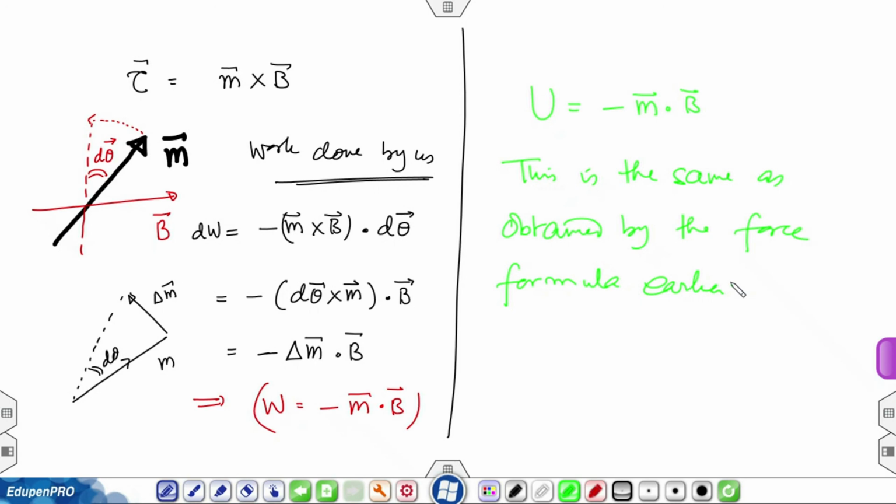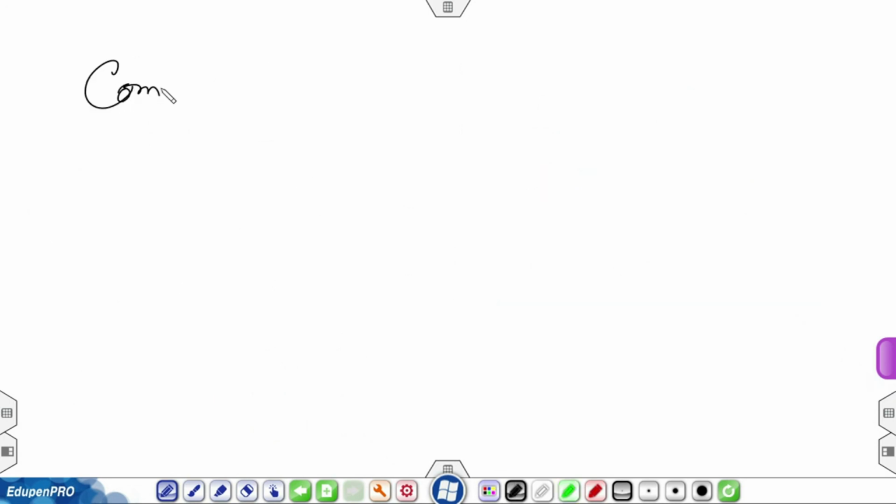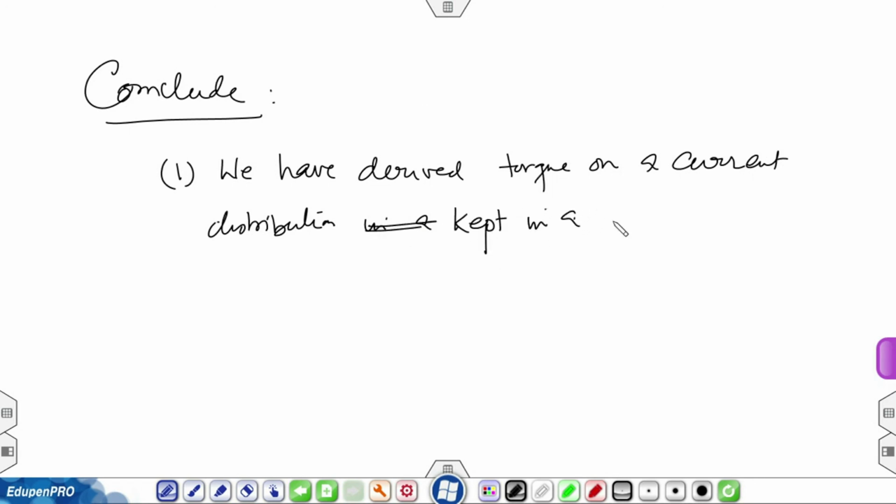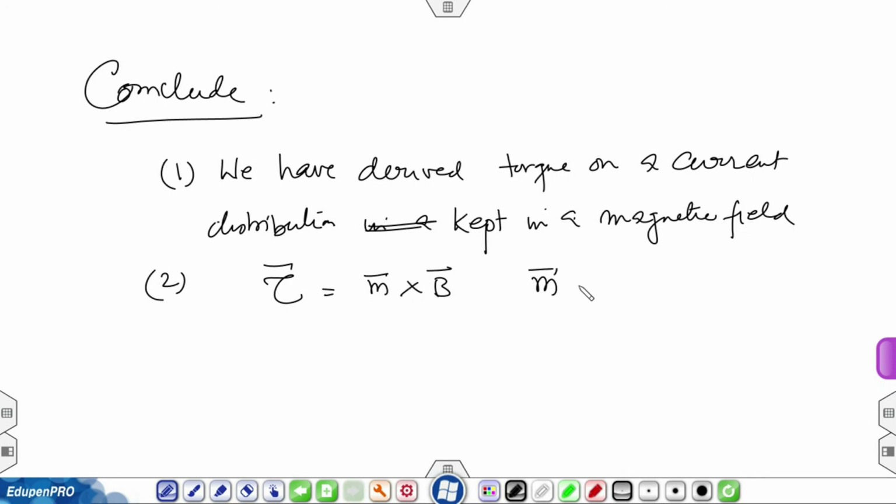So, now let me conclude this lecture by saying that we have derived torque on a current distribution kept in a magnetic field, and shown that torque is m cross B to the lowest order, where m is 1/2 integration dV r cross j.